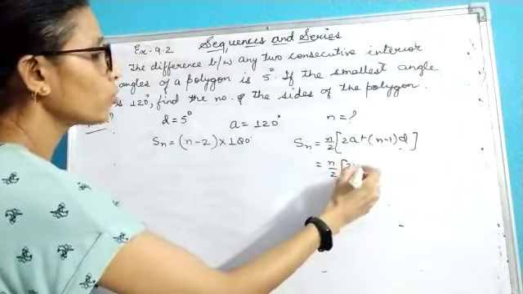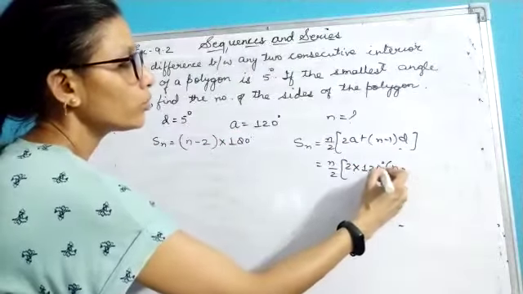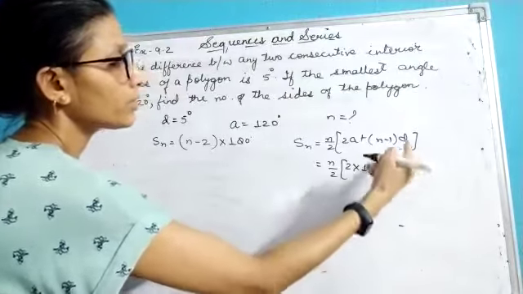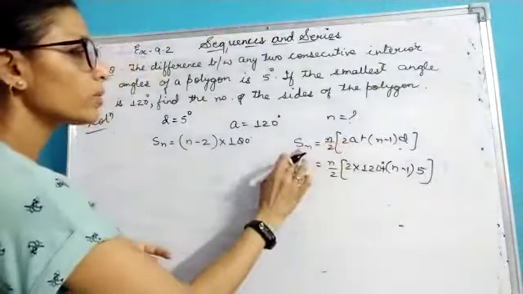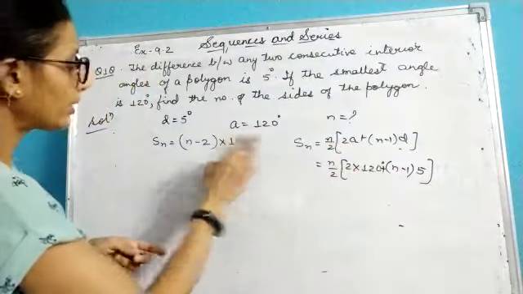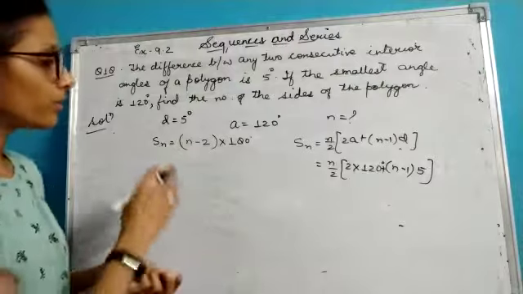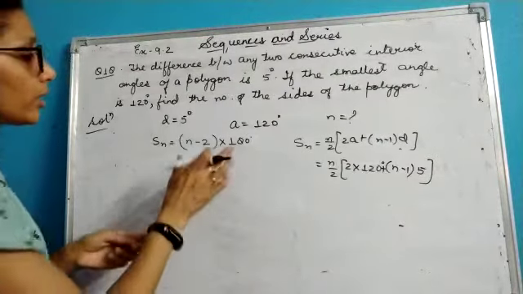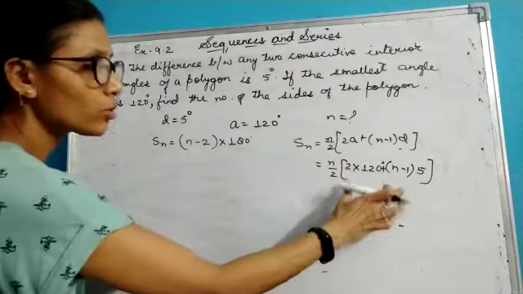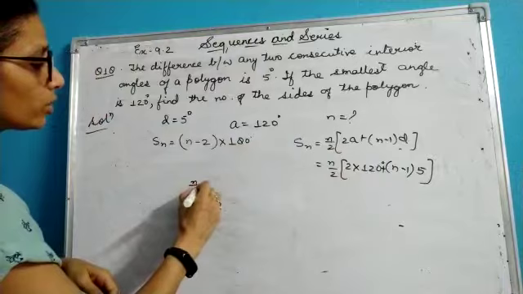A is known, which is 120. n is again unknown to me, and D is your 5. Now children, this gives me the sum of n terms, and this is also the sum of n number of angles. Now this is also a sum and this is also a sum, so these two are equal. So I can equate these two.